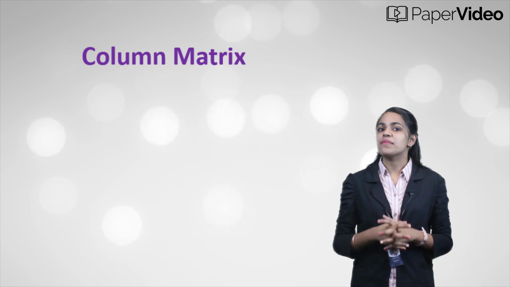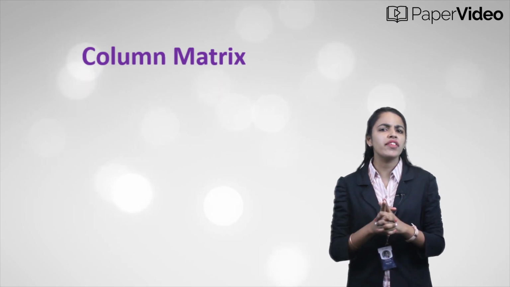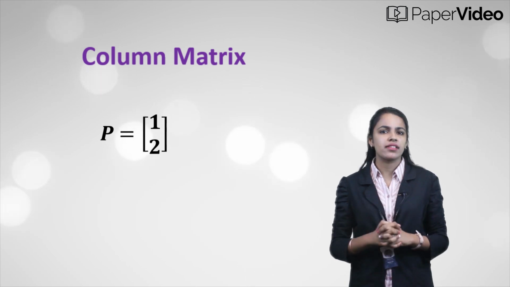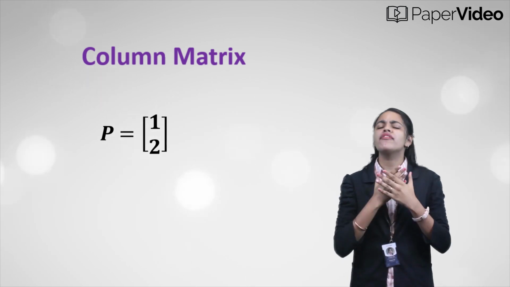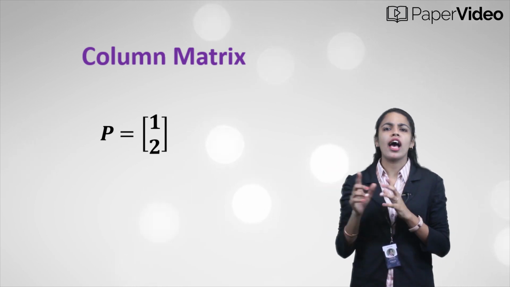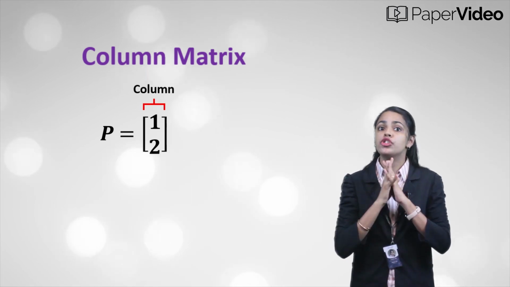Next, we have column matrix. As the name suggests, a matrix having only one column of elements is known as column matrix. A column matrix can have any number of rows. Here, matrix P has only one column and 2 rows.